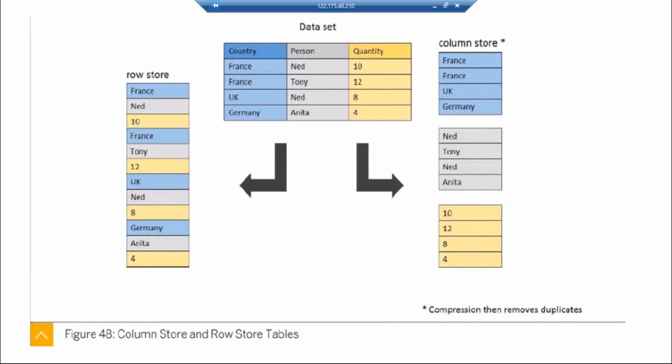That's why when you write a select statement choosing selected columns, column stores will always give you better performance. But never make the mistake of writing select star on the column store tables. Generally you write select star. Star means replacement for all the columns, meaning you're trying to read all the columns of the table.